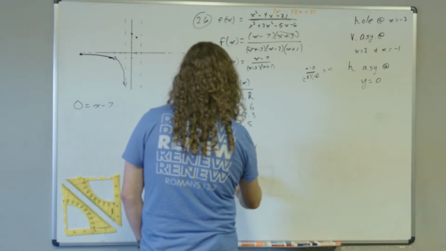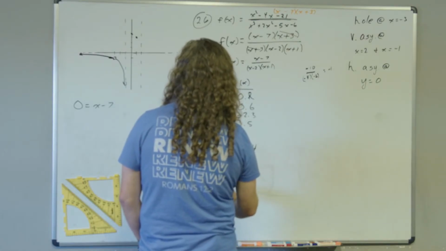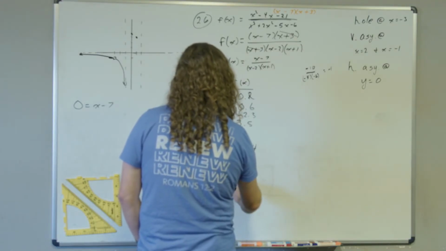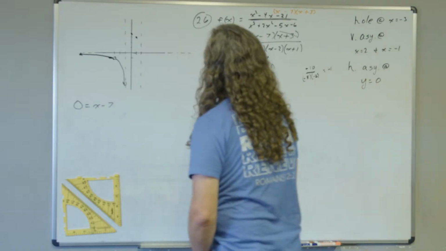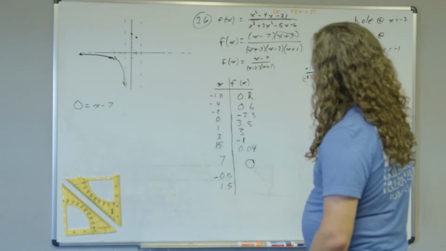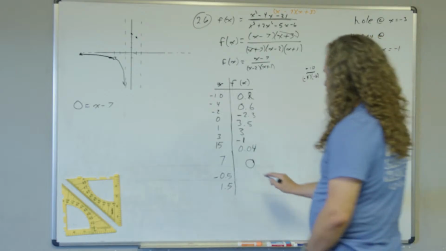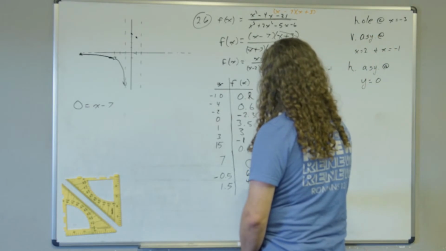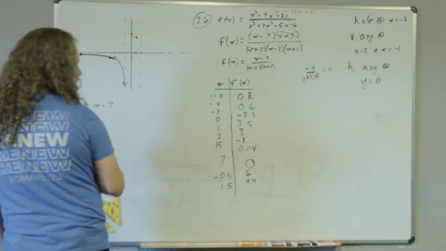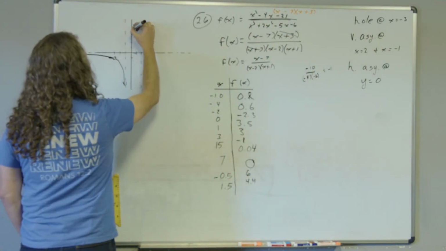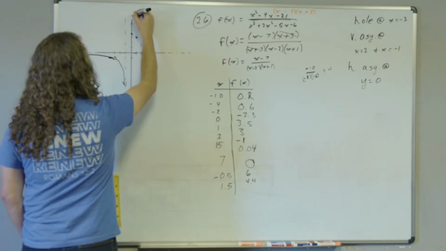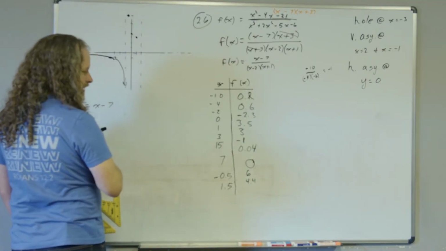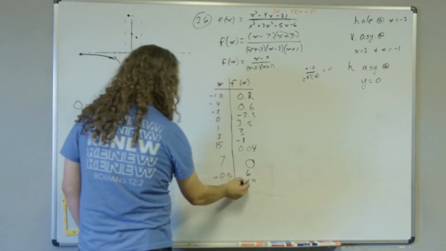Negative 0.5 sounds great, and then let's do 1.5. Negative 0.5 is 6, and 1.5 is 4.4.